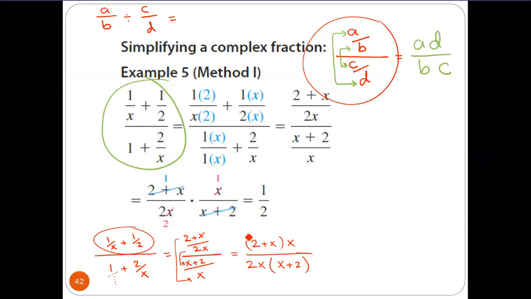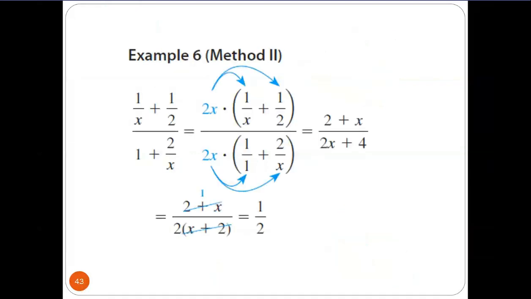Look at this, 2x plus 2 plus x and x plus 2, this is the same, a plus b and b plus a are the same, and x with x we can cancel x with x. So the numerator is 1 remaining, and even if we remove all the expression we have 1 over 2. Okay. This is the other method, all the methods give the same result.